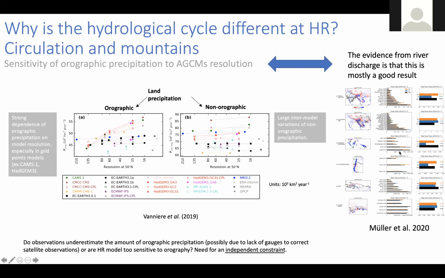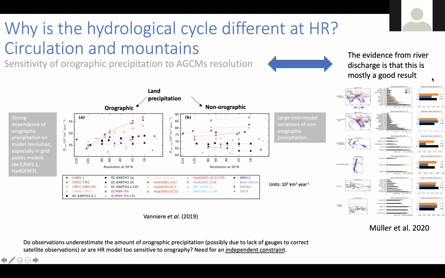And we then use techniques to exploit the global river network to look at whether the fact that now we rain over mountain ranges, and we don't rain, for instance, to the lee of mountains or in places where the orography is not so prominent, is a good thing.